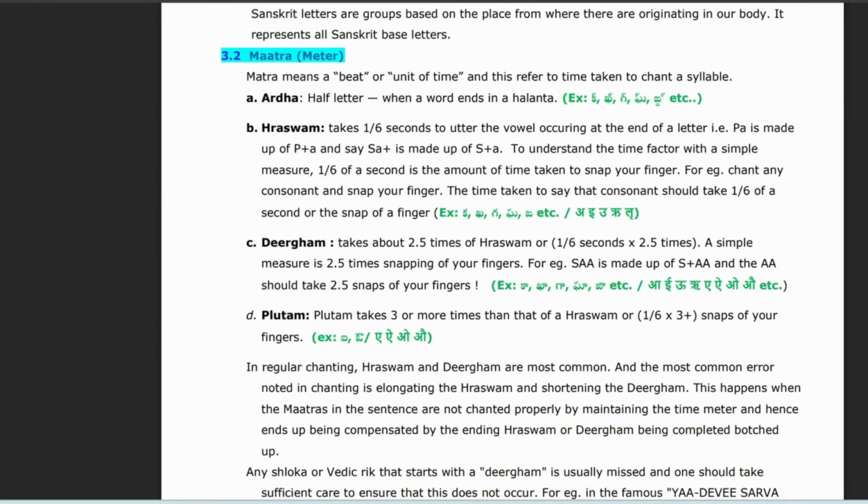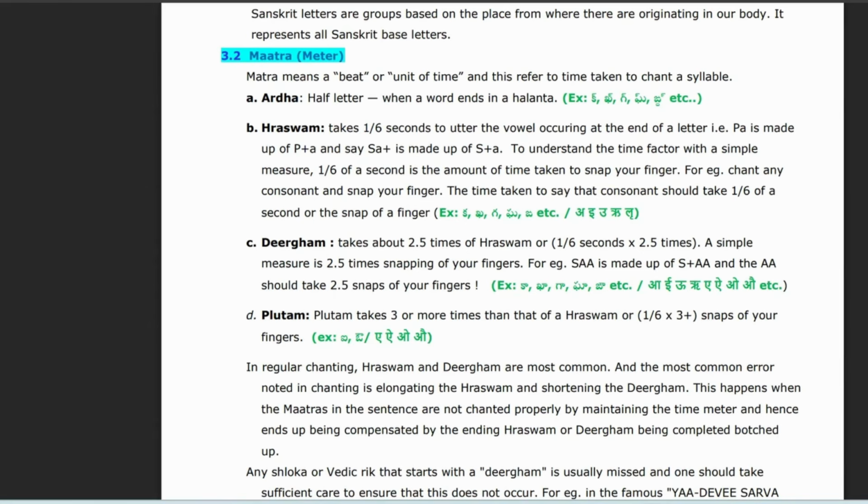As we discussed, the letters are pronounced based on where they originate, whether from your teeth or the base of your throat. So that is one of the principles.